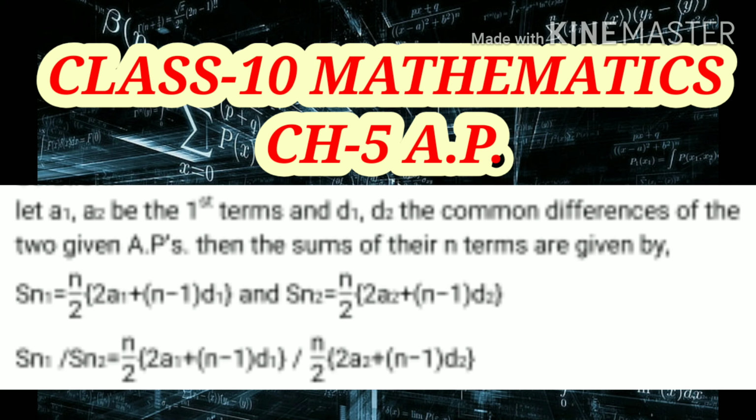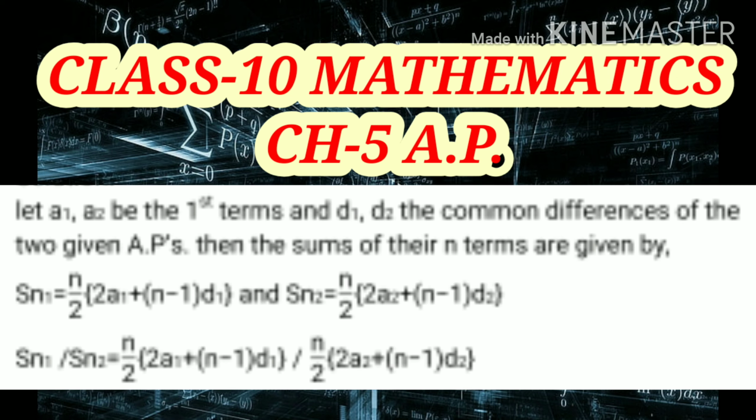As a1 and d1, we have assumed that a1 is the first term of the first AP and d1 is the common difference of the first AP. Similarly, children, we have already assumed that a2 is the first term of the second AP and d2 is the common difference of the second AP.